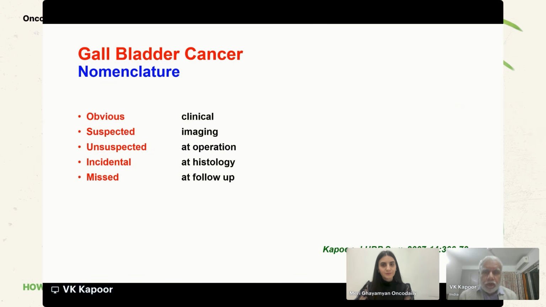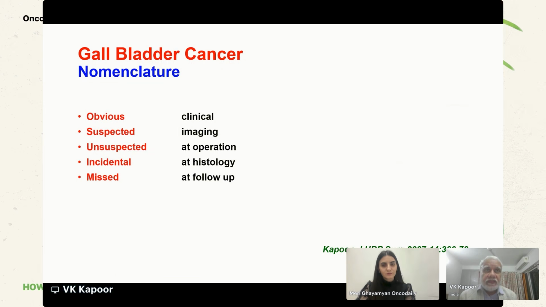obvious gallbladder cancer. On the other hand, if the history is like gallstone disease, but when we do an ultrasound, we see some abnormality in the wall of the gallbladder in the form of thickening or a polyp or a small mass, that becomes a suspected gallbladder cancer.